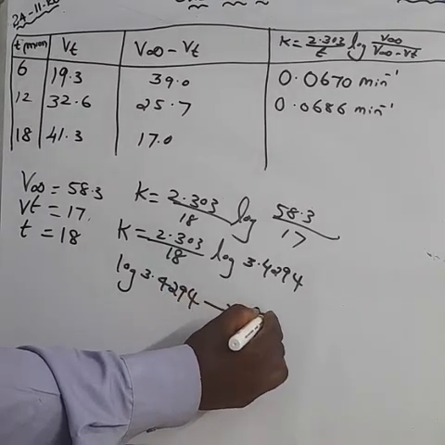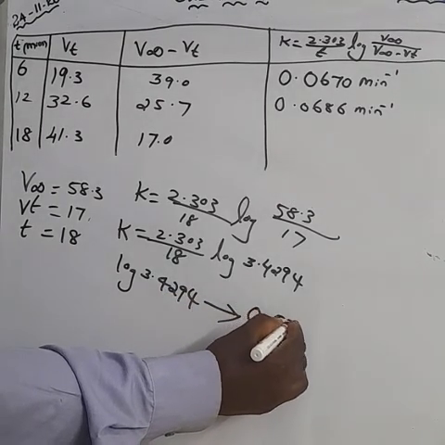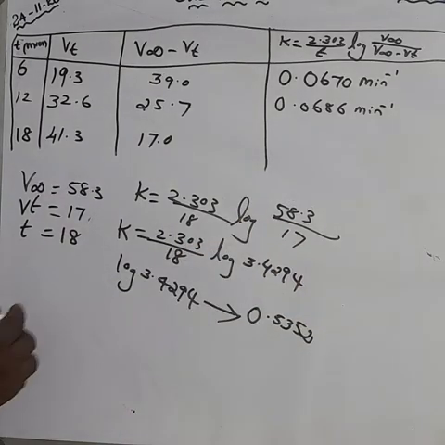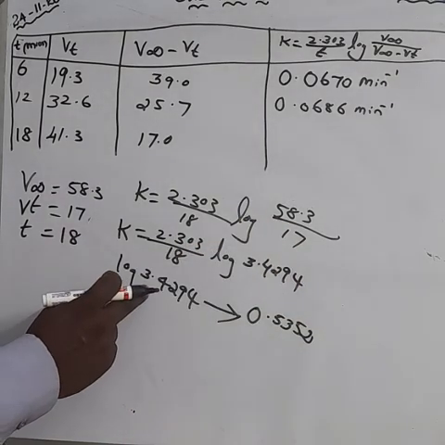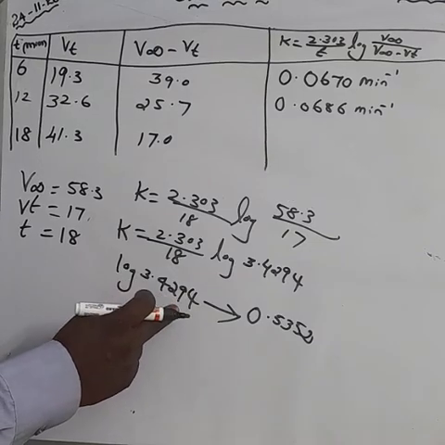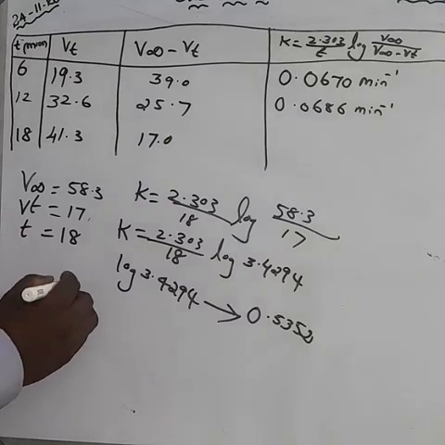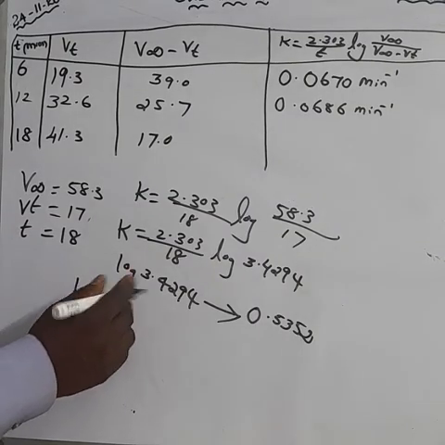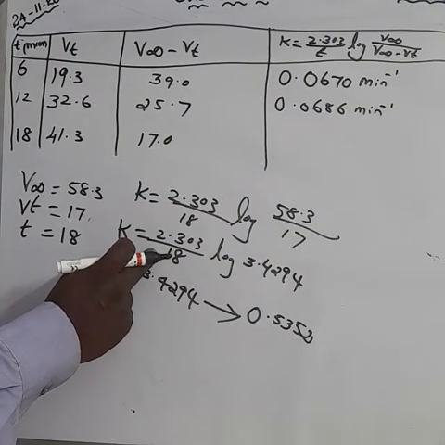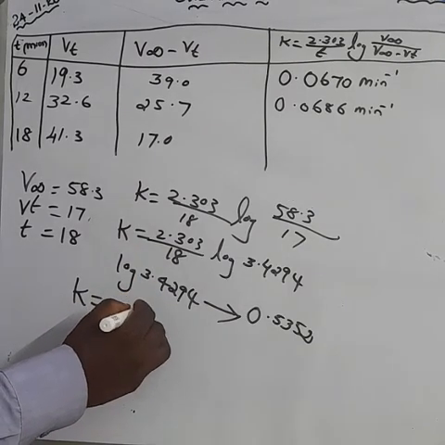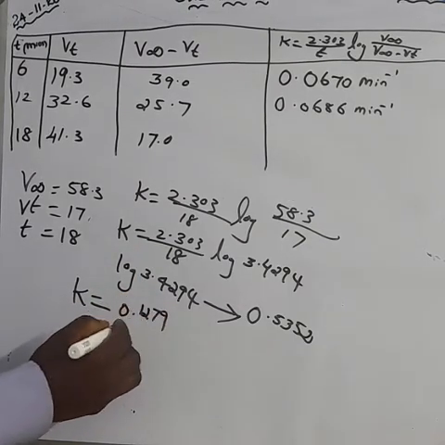It is 0.5352. Again, you are substituting the k value. k is equal to 2.303 divided by 18, and that value is 0.1279.